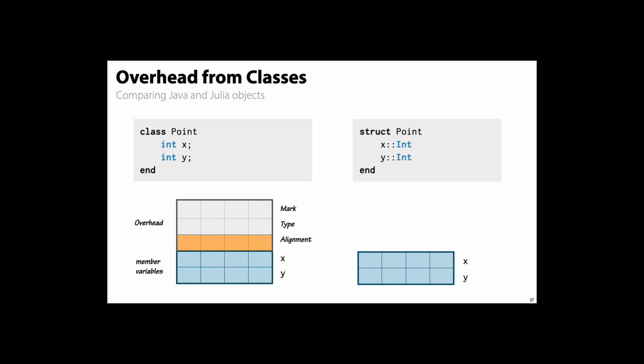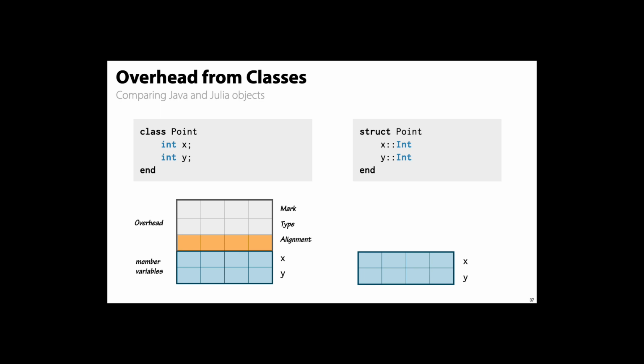So in this case, if you compare it to Java, for instance, if point is not a sealed class, if it's not a final, you have the problem that there could be subclasses. So that means that there's some overhead in storing this point in memory.